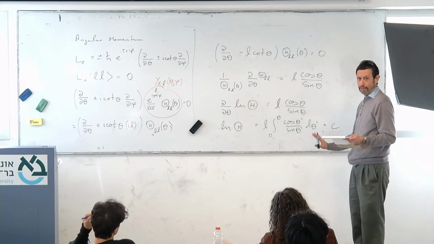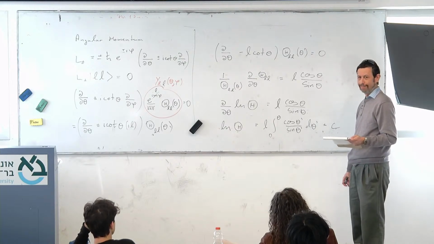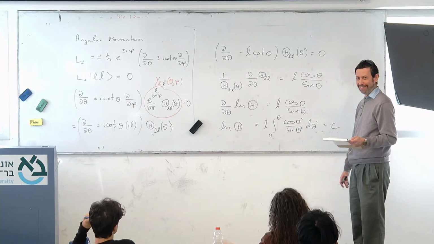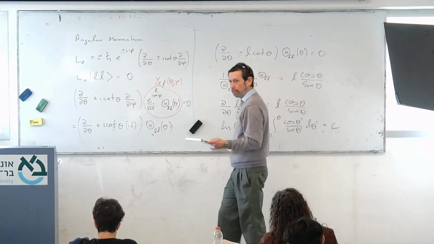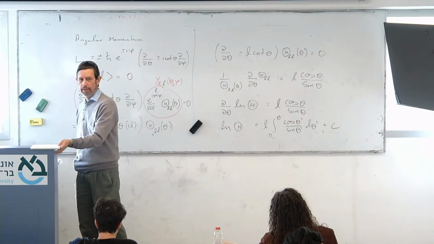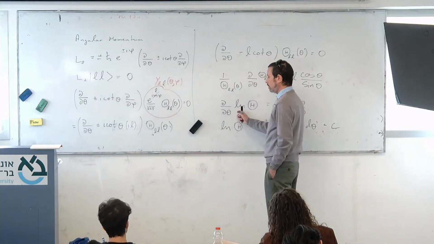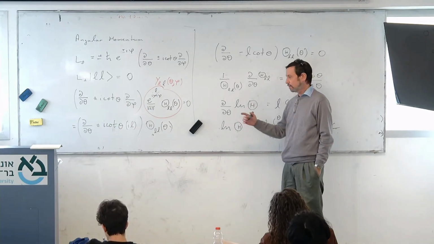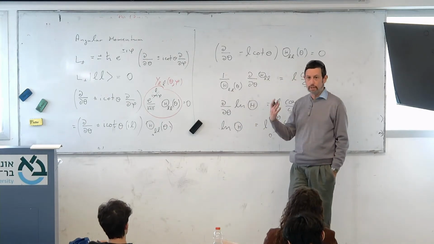I just wrote an integration. You don't seem happy. No, you're not happy. Something bothers me. Okay. What bothers you? Why is it still ln theta? Because an integration over a derivative of a function is a function.